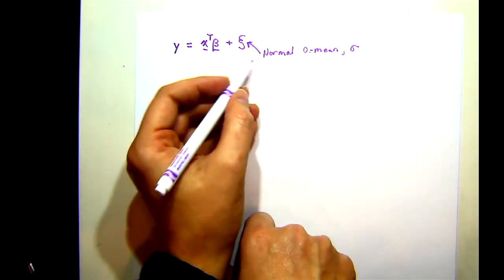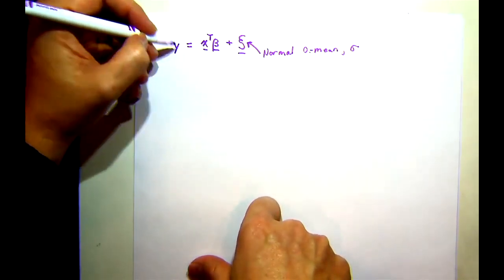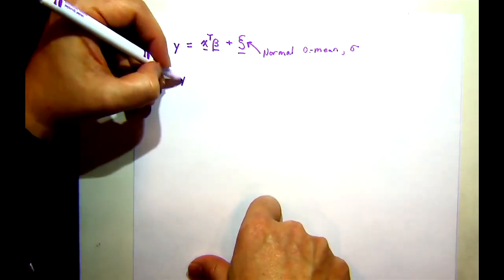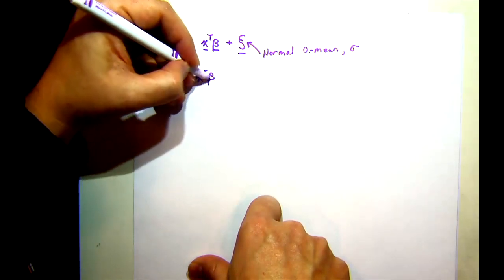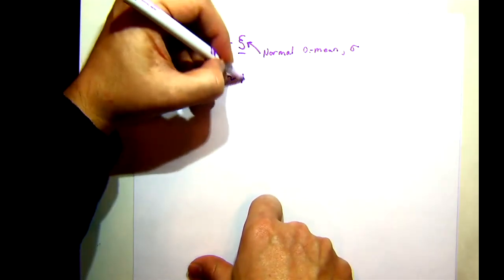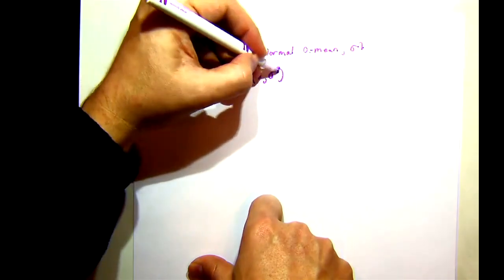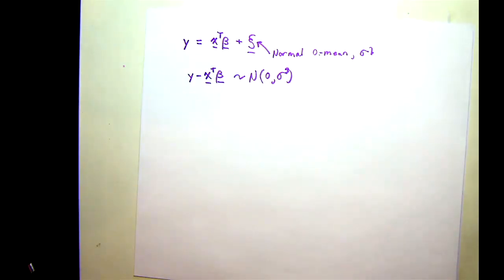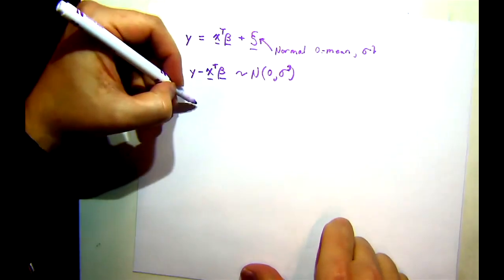One is that if this is a normal, then we can move this xb to the other side, and we know that this expression is a random variable that follows a normal with 0 and sigma squared. Usually it's sigma squared, we write. So that particular expression follows a normal distribution.